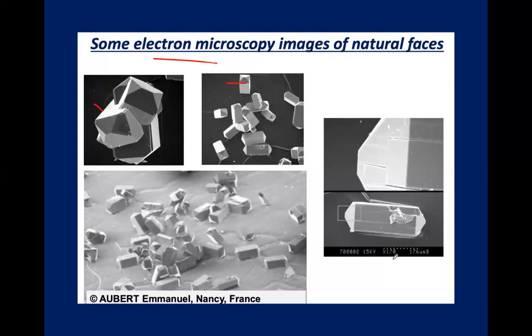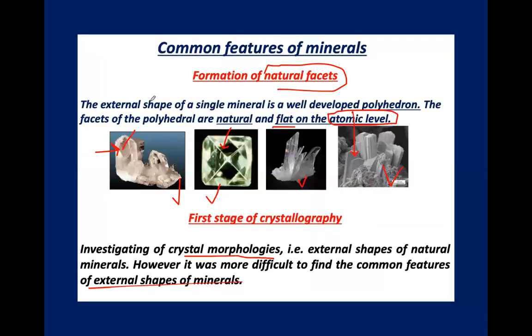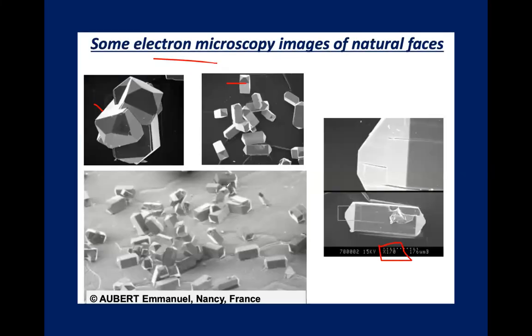Yeah, the scale is not given, but the magnification is given here, 170 times magnified than the normal size. So these are micrometer or nanometer scale, but still you can see the same shape is observed. At atomic level you can see the same feature as you see in this macroscopic scale. So these are the common features that you can observe in crystals.